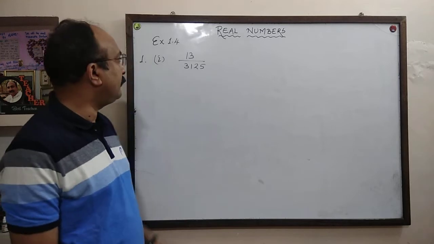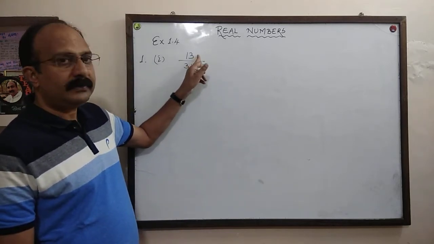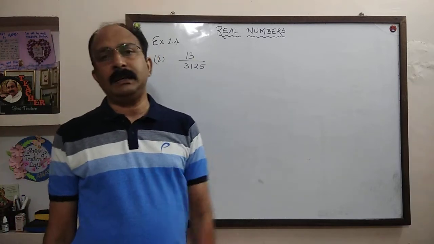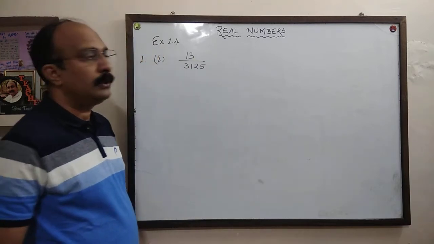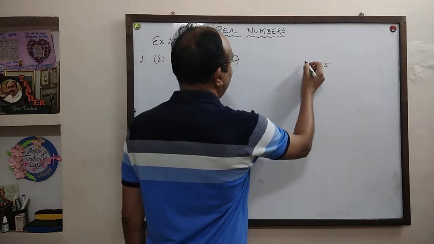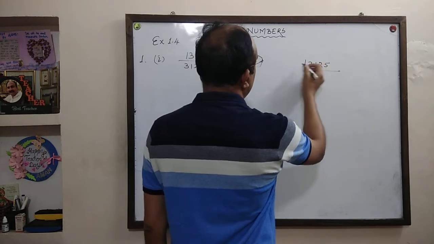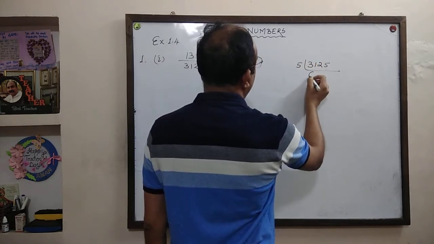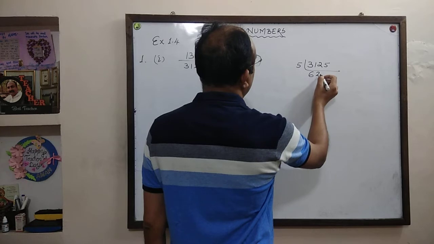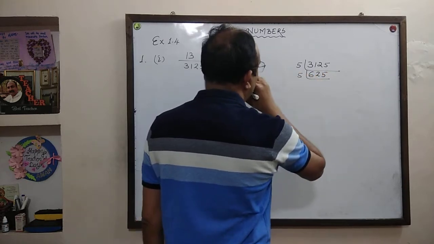Yes, they are coprime. 3125 has no factor as 13. Then what to do? Do the prime factorization of 3125. Divisible by 5. Again 5.